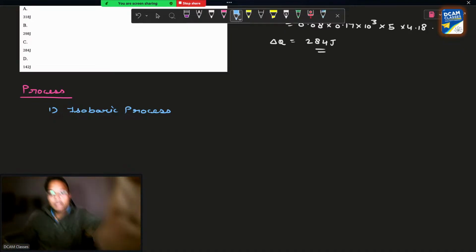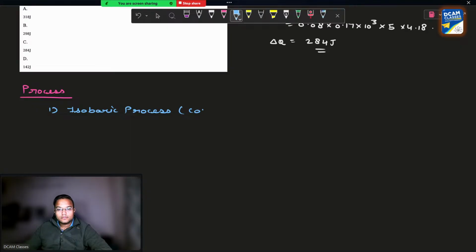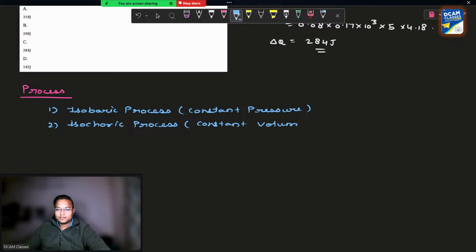Now, what is this isobaric process? Constant pressure. Second is isochoric. Constant volume. Third is isothermal.